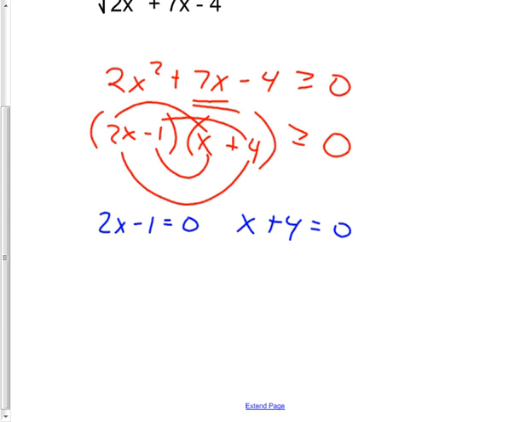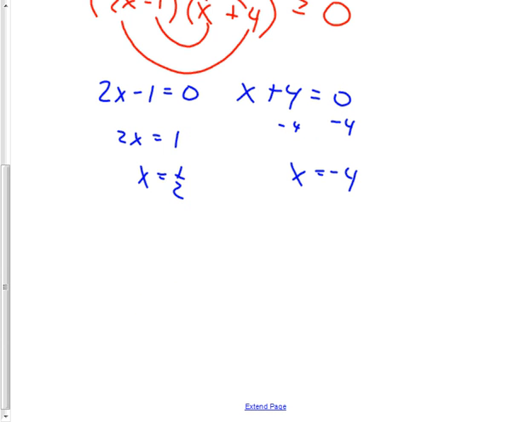So then, this is 2x equals 1 and x equals 1/2. And over here, x equals negative 4. Those are my magic points: 1/2 and negative 4.